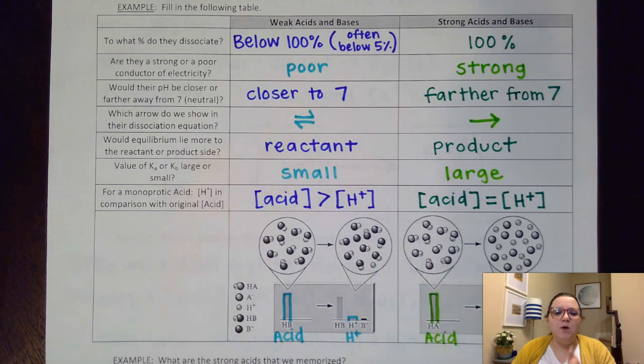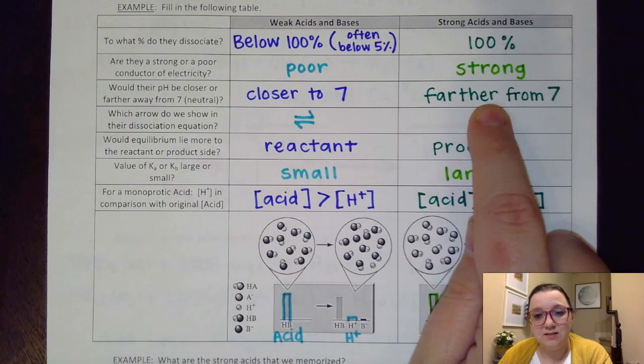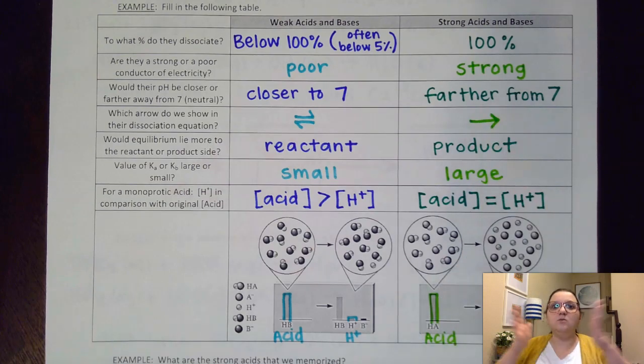Maybe a weak acid might be somewhere in the 5 to 6 range, whereas a weak base might be like 8 or 9. However, strong acids and bases are making so many more hydrogen ions, in the case of acids, or hydroxide ions, in terms of bases, that those pH values get to the extreme ends of this scale. You end up much farther from 7.